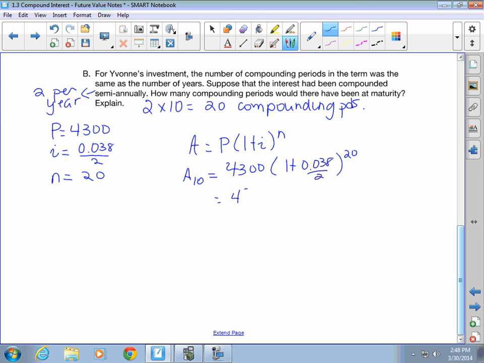So this would be 4,300 times 1.019 to the power of 20, which would be... sorry, I just can't read my own writing. That doesn't seem right.